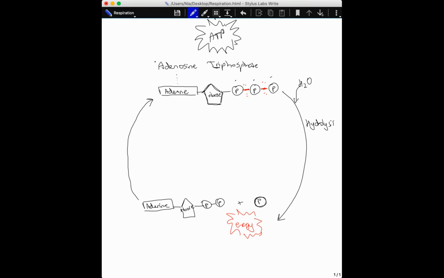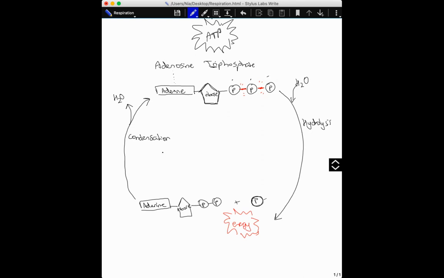Now, just as easily as ATP can be hydrolyzed, all the phosphate bonds can be hydrolyzed to release energy, ATP can be reformed through the opposite process of condensation. And condensation releases water. So if we wrote this out in full, ATP can be hydrolyzed to ADP plus a phosphate.